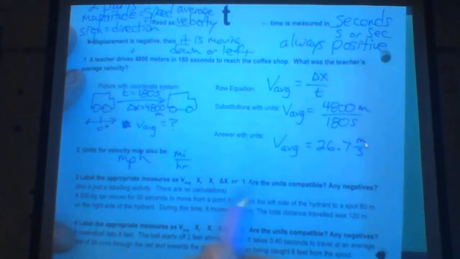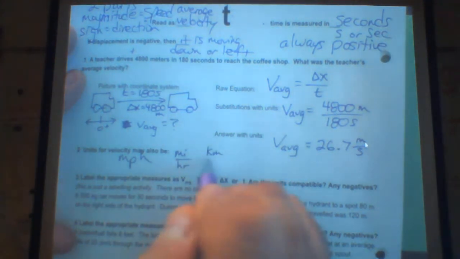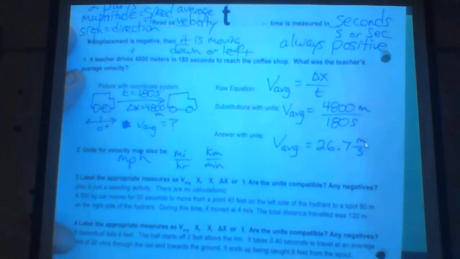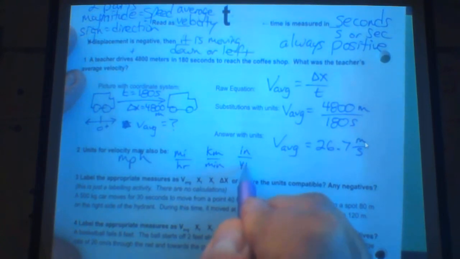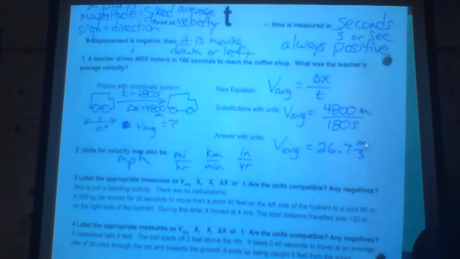So any kind of unit of distance is on the top, any kind of unit of time is on the bottom. I could have kilometers per minute. Or if something was really, really slow, like a glacier, I might measure that in inches per year. A plain old unit of distance on top and a plain old unit of time on the bottom.